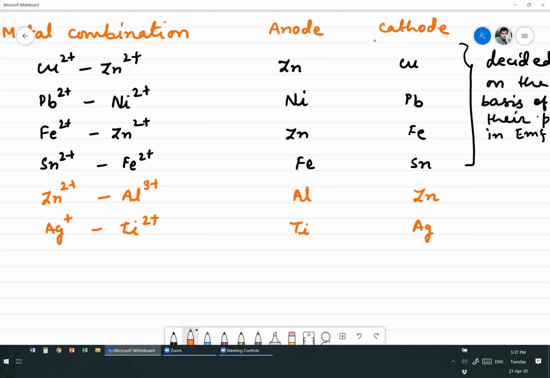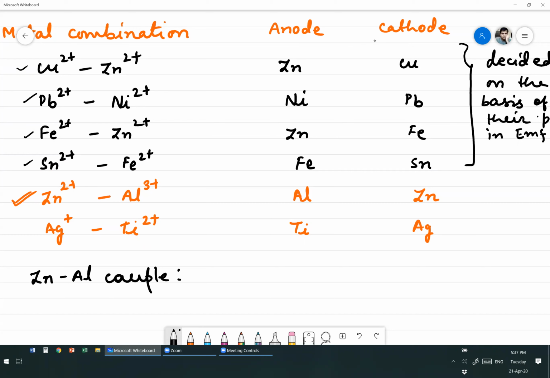So now in this class, first have a look at this zinc aluminum couple. For the earlier examples it was normal: whatever the place they have according to their standard reduction potential, we identified which metal will act as anode and which will act as cathode when they are in contact.